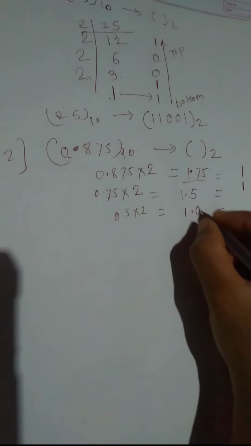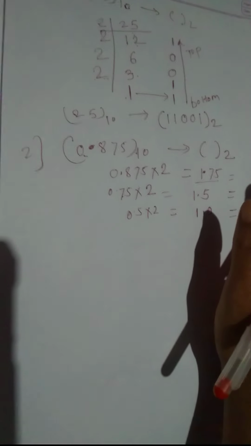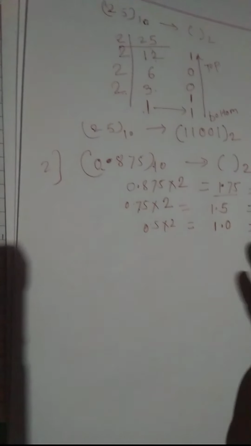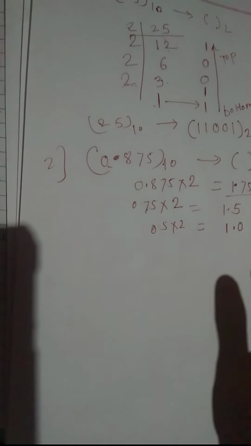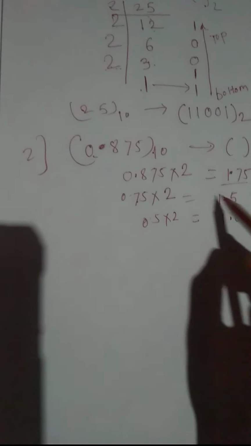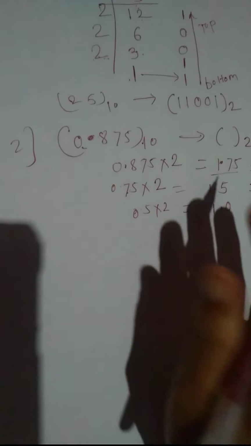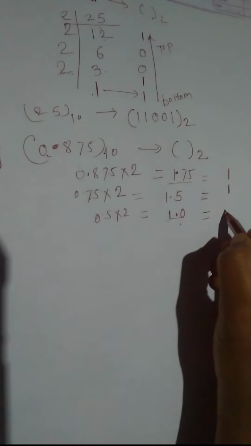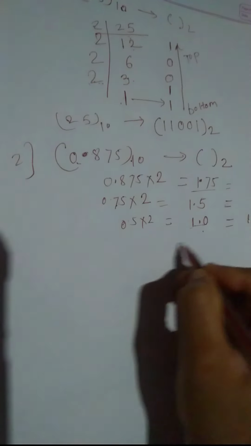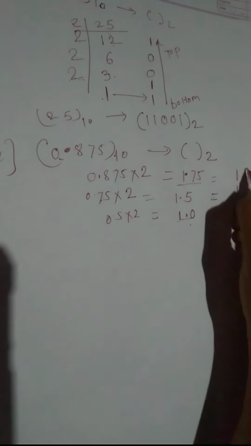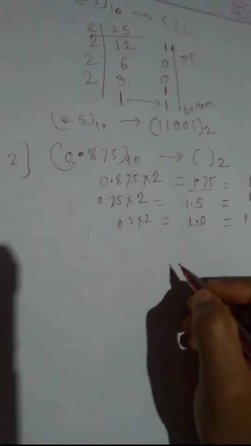So from this the fractional part is 0, so we stop multiplying here. If the answer is 0, stop, or take 1, 2 or 3 times multiplication, and if the numbers are repeated, the multiplication is repeated, then that multiplication is stopped. So from this 1.0, the answer here is a 1.